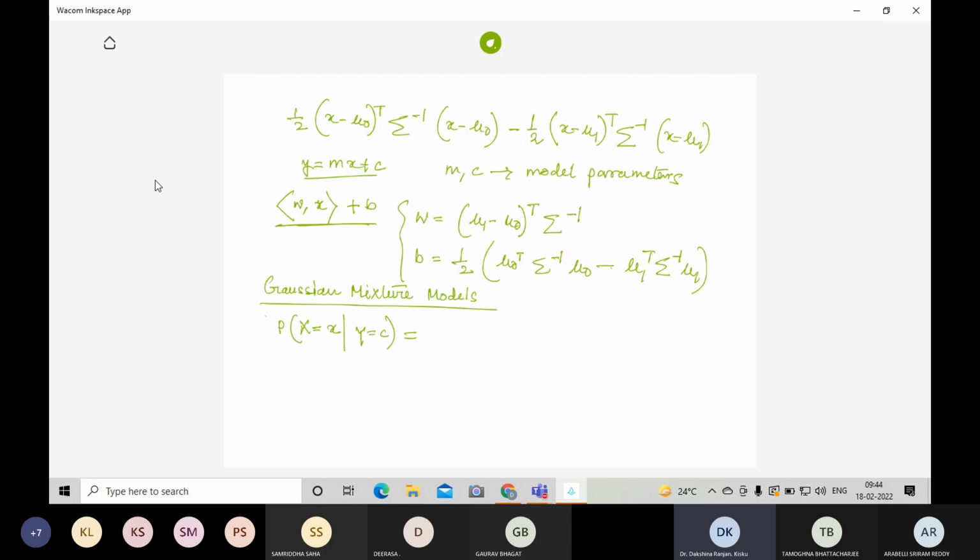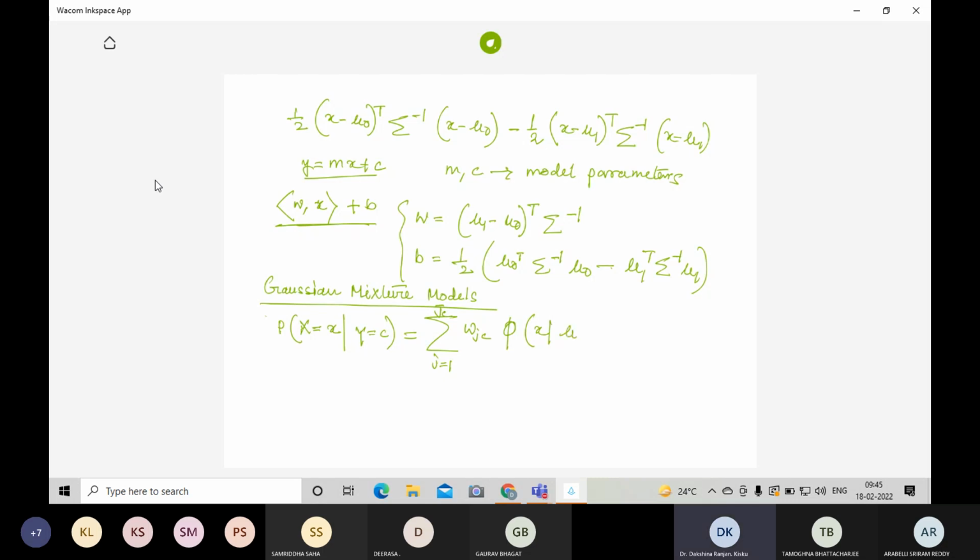This mixture of Gaussian densities can be represented by the summation over j equals 1 to jc of wjc, where wjc is multiplied with phi of x.